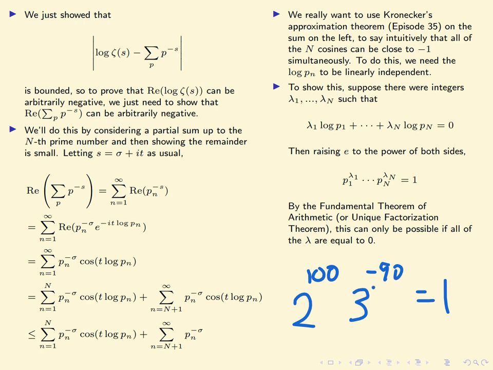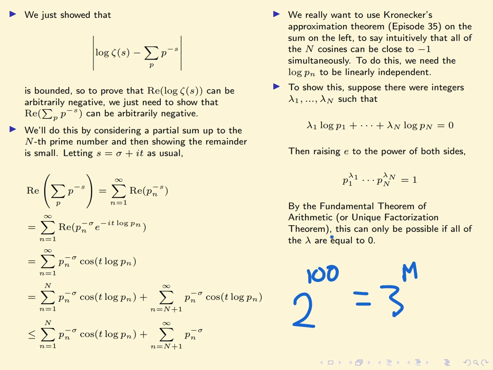And the answer is no, because if you just multiply both sides by 3 to the 90, then you'll get 3 to some power, and then this is impossible.